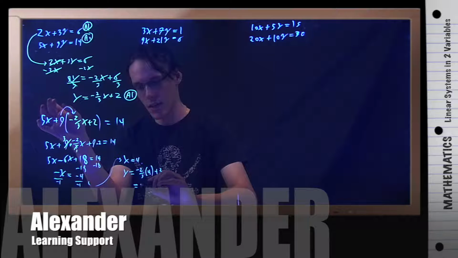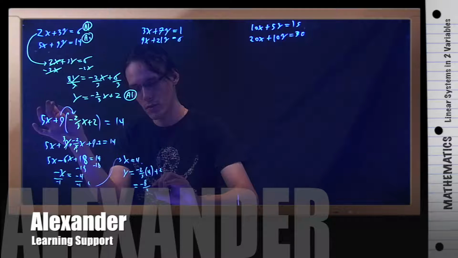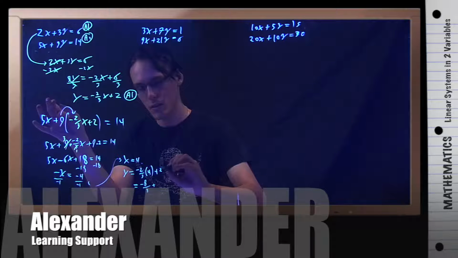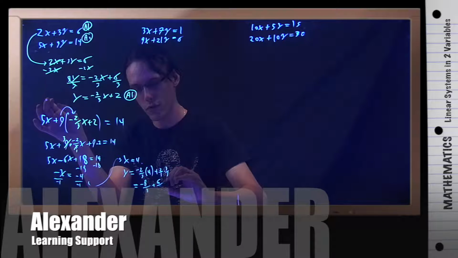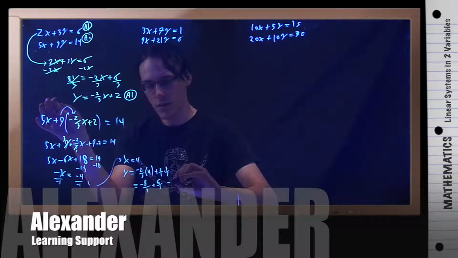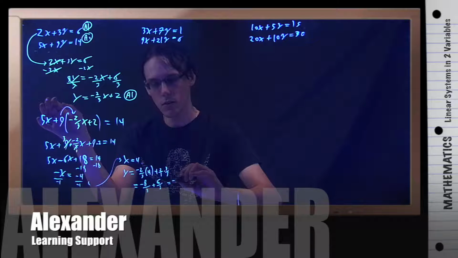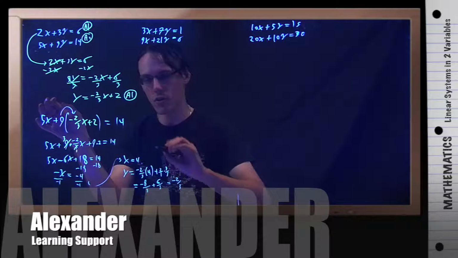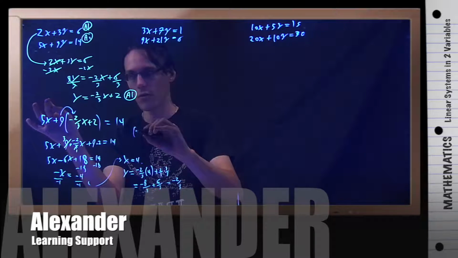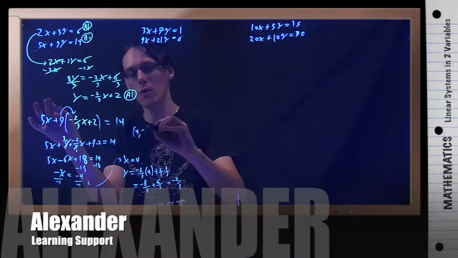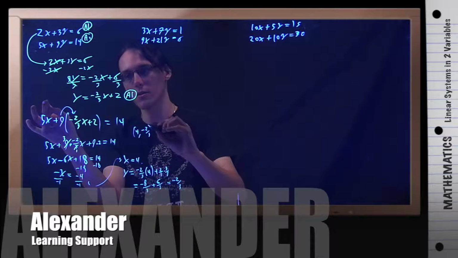This is negative 8/3. Well, when you add two fractions, the denominators have to match. So I rewrite 2 as 2 over 1, multiply top and bottom by 3. So this becomes 6 over 3. And when I do that, I get negative 8/3 plus 6/3 is negative 2/3. And that's my solution for this system of equations, 4 and negative 2/3.